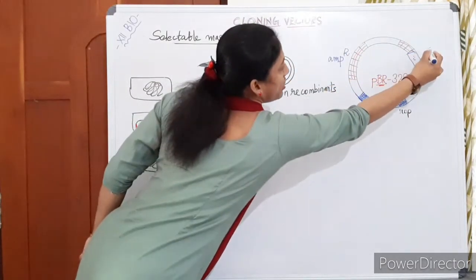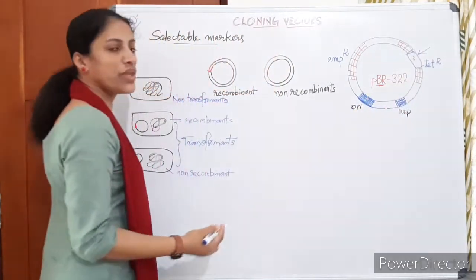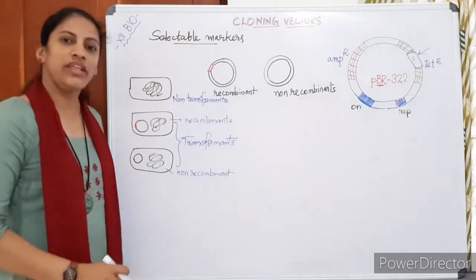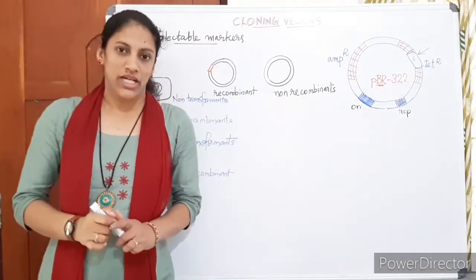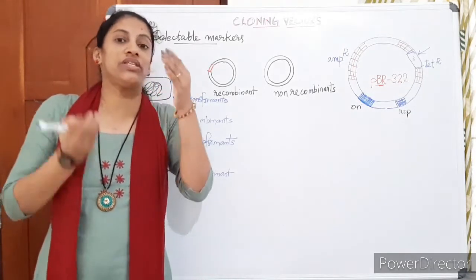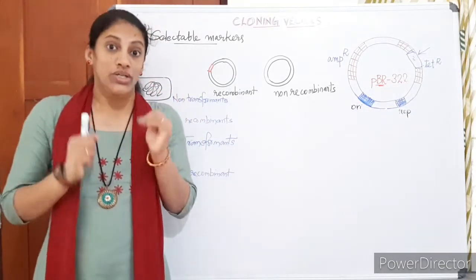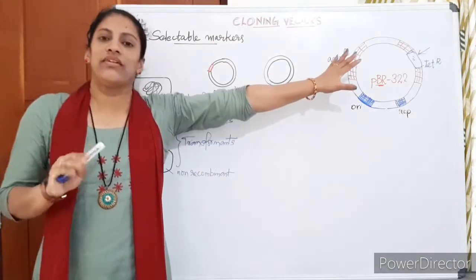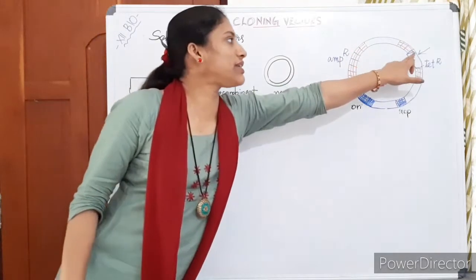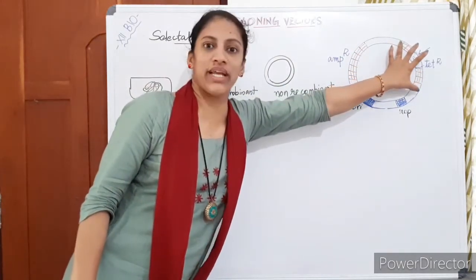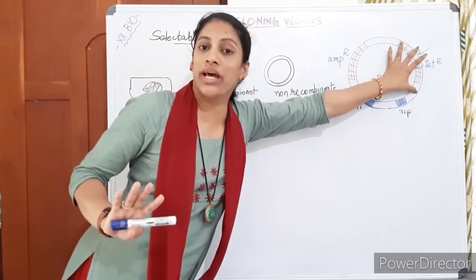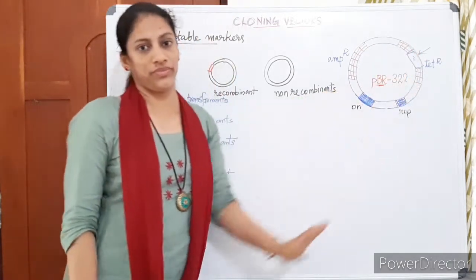So cutting here with BamHI, we are inserting our gene here. Then what happened to that plasmid? In the plasmid, in between the tetracycline resistance region, we have made a cut so that the plasmid will not show that property again. Since we have cut here in the sequence of tetracycline resistance, this cannot show that property anymore. Is it okay?